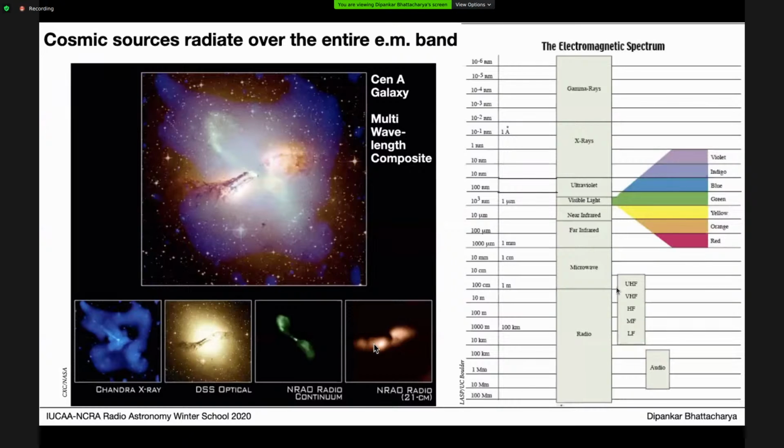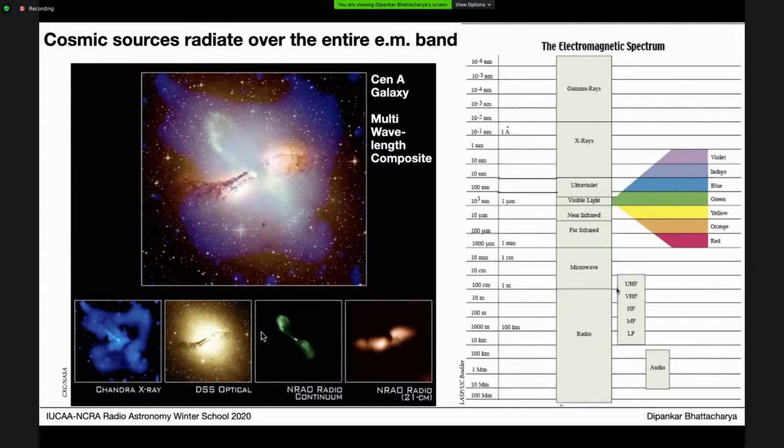And a specific radio wavelength near the hyperfine transition of hydrogen at 1420 megahertz or 21 centimeter wavelength gives you yet another view, which maps the location of the distribution of neutral hydrogen gas. So if you look at the sky, or if you look at any object at different wavelengths, you see different views.